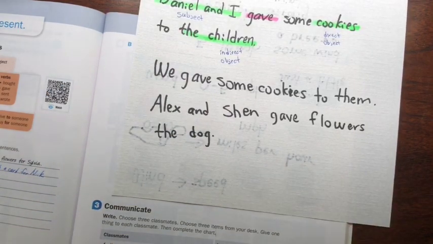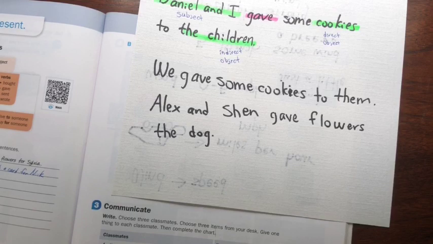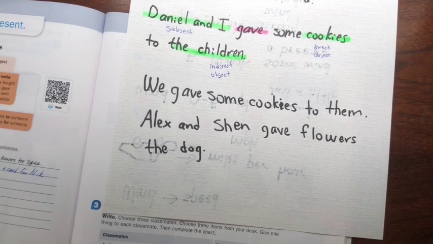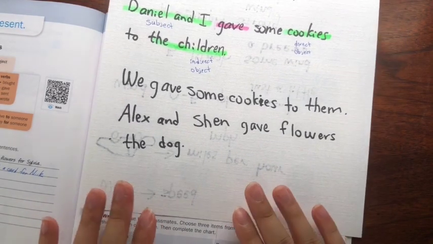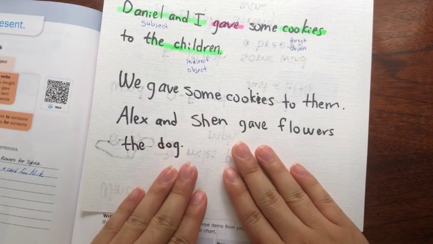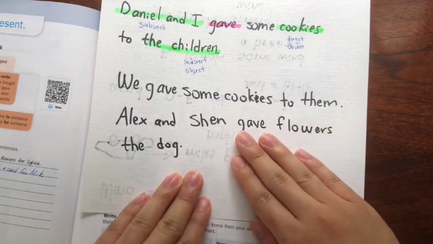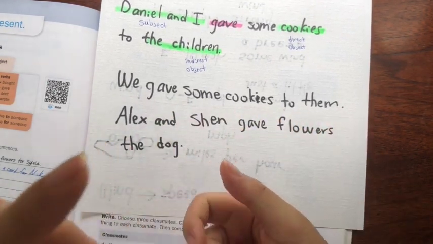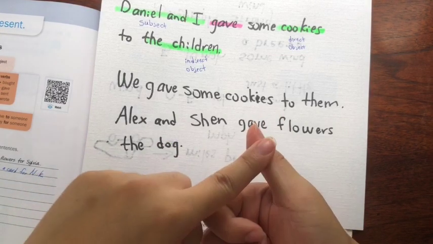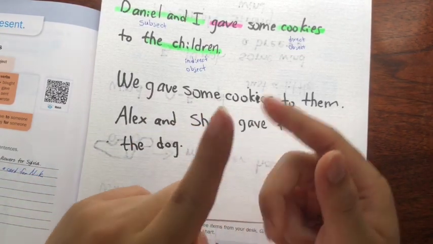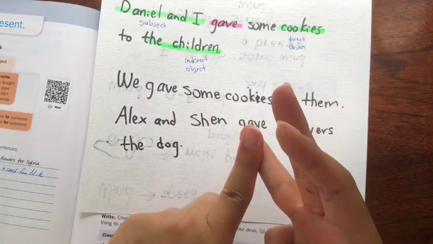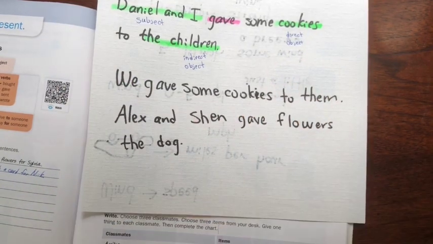Alex and Shen gave flowers to the dog. So, I want you to stop the video and identify the verb, all of the nouns, the subject, the indirect object, and the direct object.